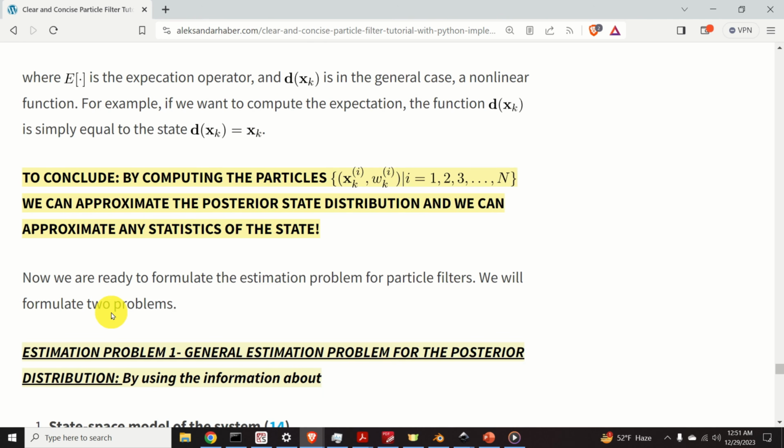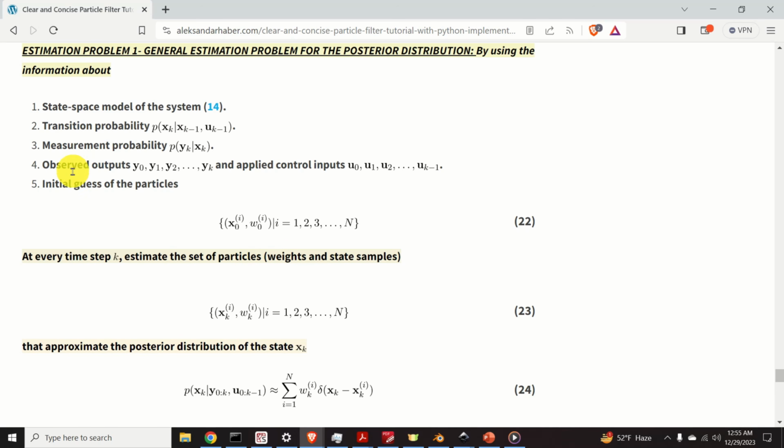Now we are ready to formulate the estimation problem for particle filters. We will actually formulate 2 problems. Here's the first problem. This is a general estimation problem for the posterior distribution.